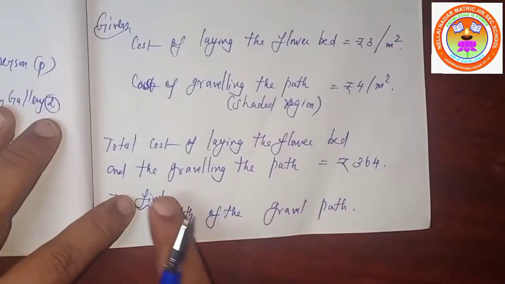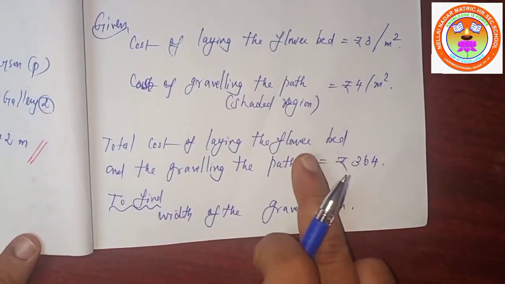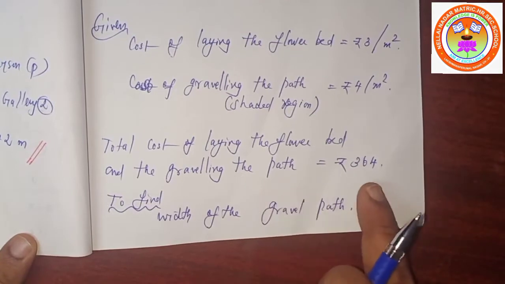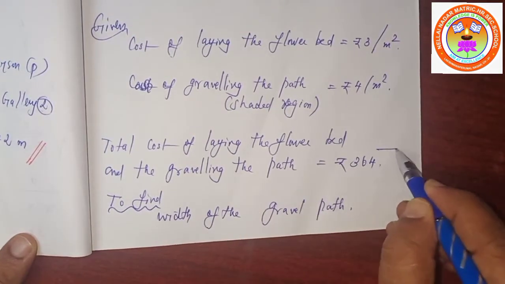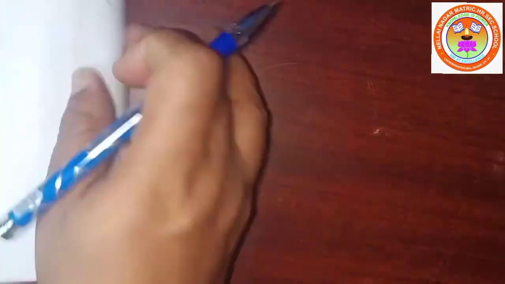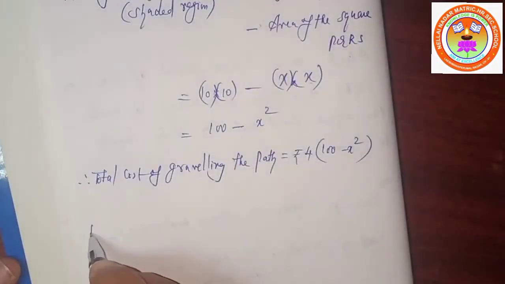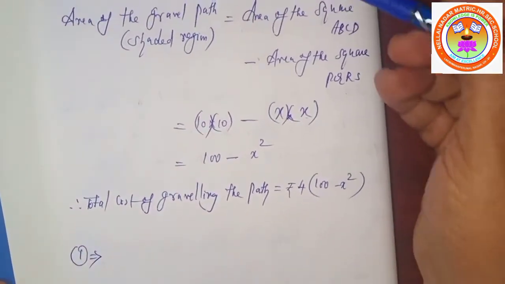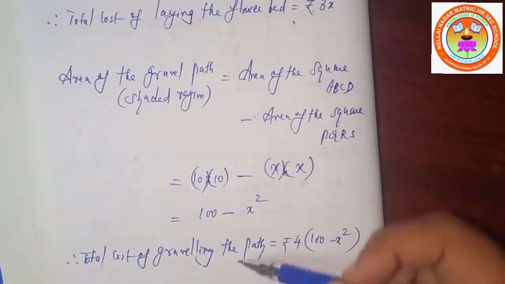Total cost is given. What is the total cost of laying the flower bed and the graveling the path equals 364. I consider as equation number 1. Therefore, equation 1 implies both the total cost to be added.